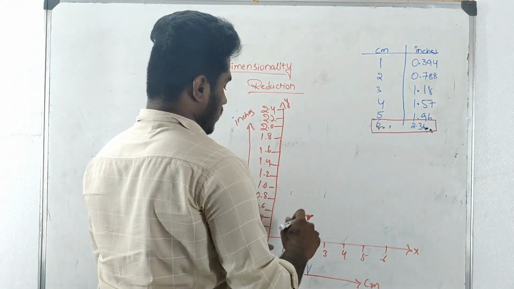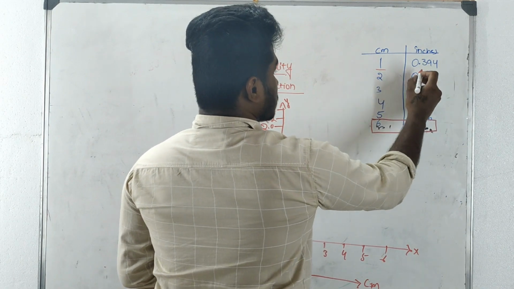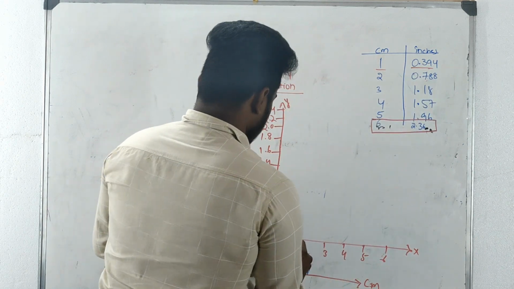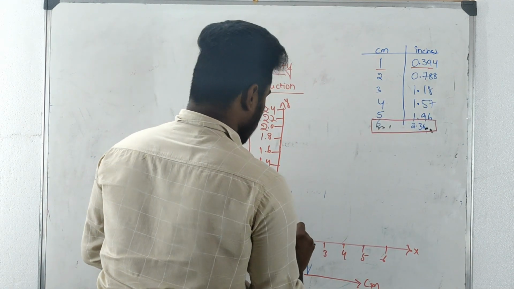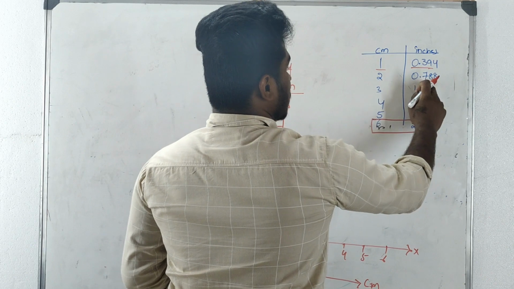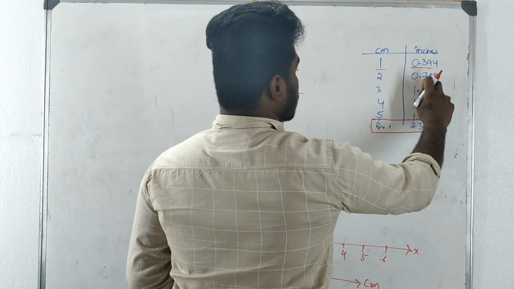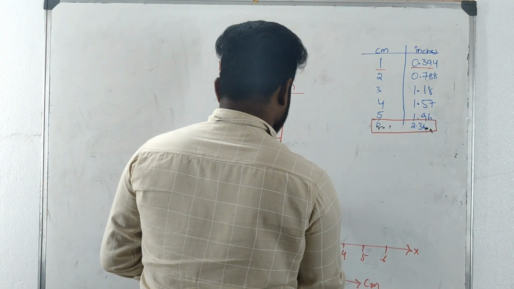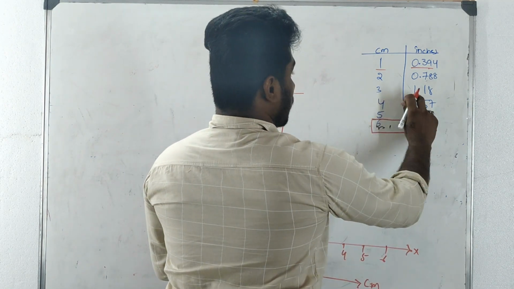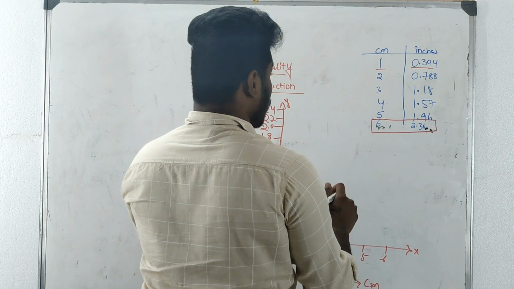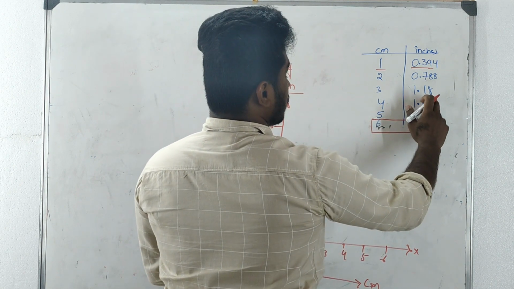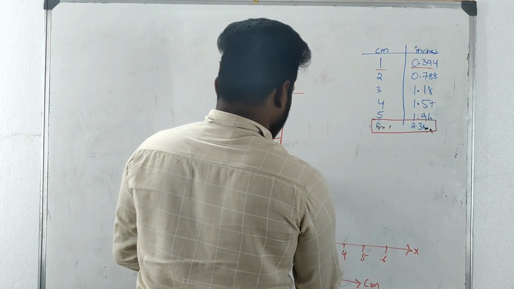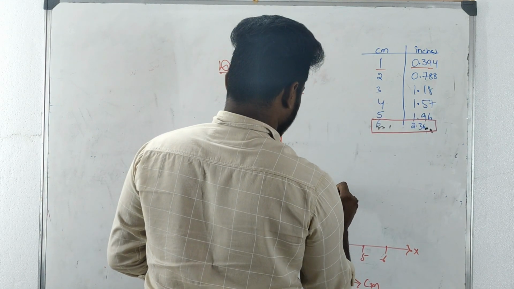Now I'll frame the graph for this. 1 means 0.39, and I'm going to round this value to 0.4, so it is here. Then 0.78, if we round it, we get 0.8, and it will come here.